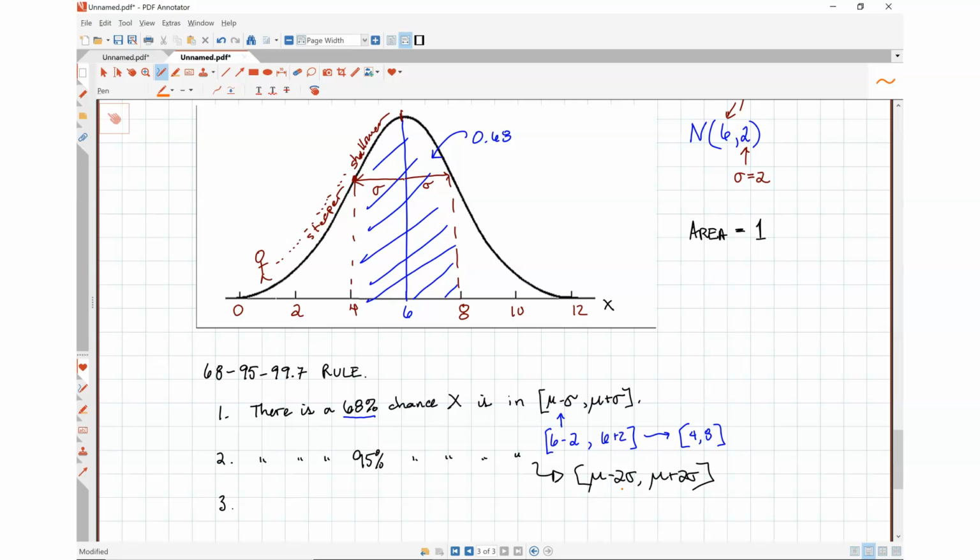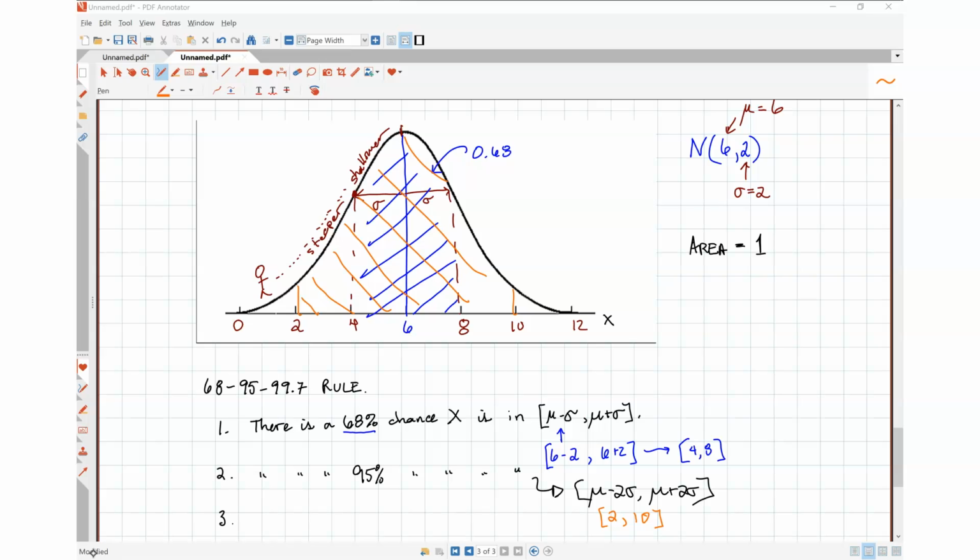So if I've got mu minus 2 sigma, that would be minus 4 here. So I'd have 6 minus 4, that's 2. And 6 plus 2 times sigma, which is 2 here, 6 plus 4 is 10. All right, that's within 2 standard deviations of the mean. So that means this area is 0.95.